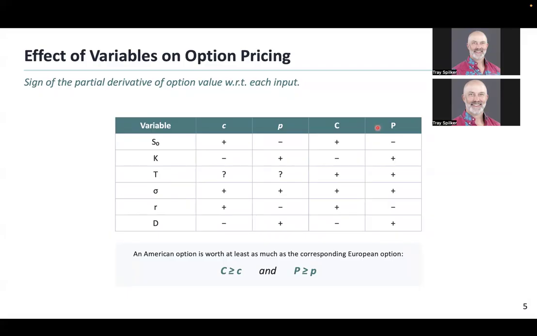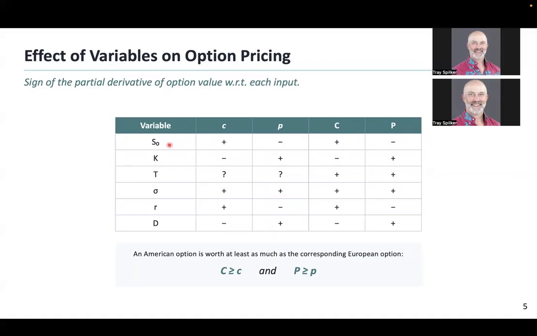The way you want to read each one of these cells is, in calculus talk, we would call this the sign of the partial derivative. That is how the option price moves when that one input rises, if we're holding everything else fixed, okay?